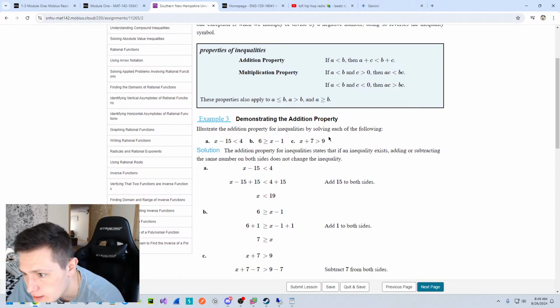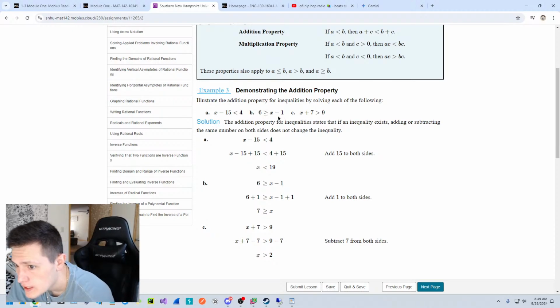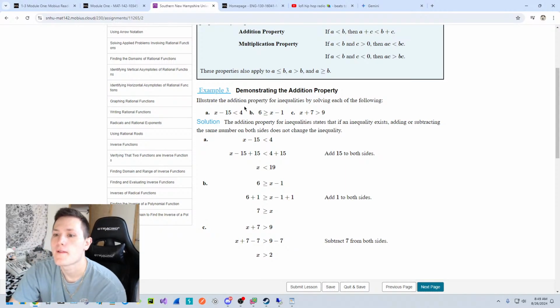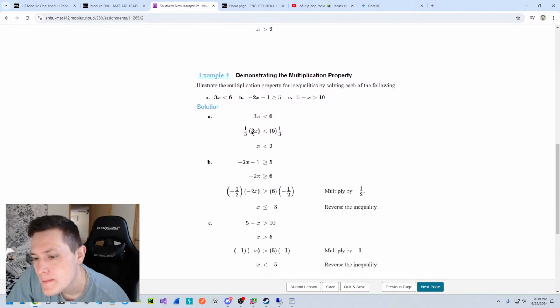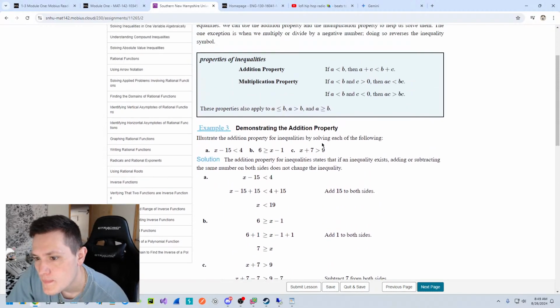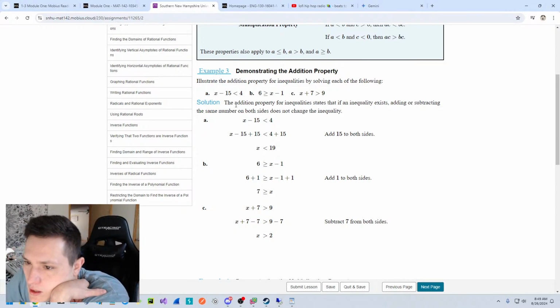Demonstrating the addition property. Illustrate the addition property for inequalities by solving each of the following. The addition property for inequalities states that if an inequality exists, adding or subtracting the same number on both sides does not change the inequality.